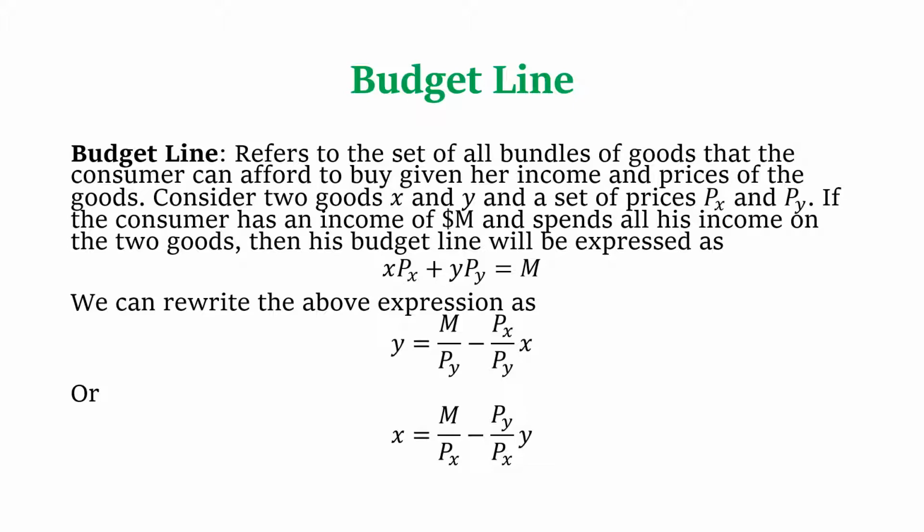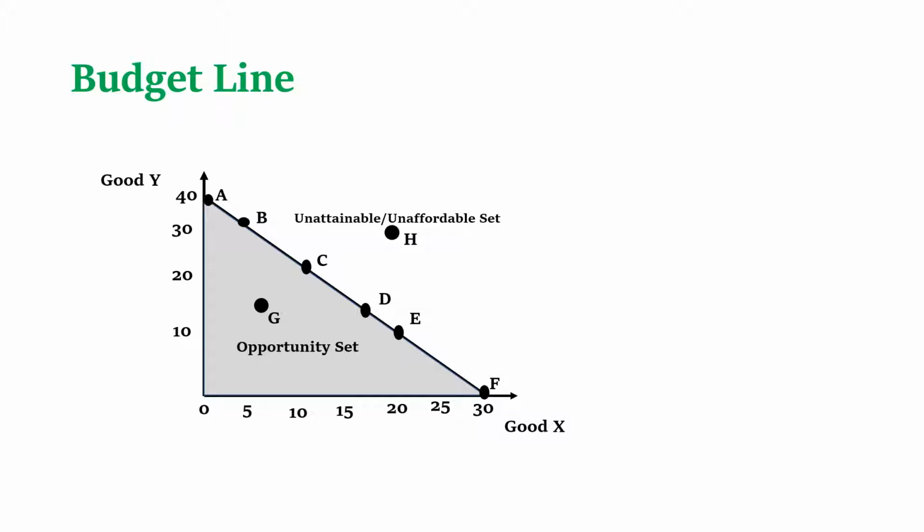All we need to do is divide both sides by PY and then the other one by PX. Now if we divide both sides by PY, we're going to have Y equals M over PY minus PX over PY X, right? Divide both sides by PX, X equals M over PX minus PY over PX Y. That is the budget line.